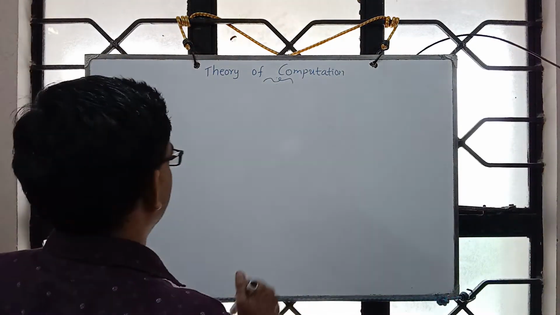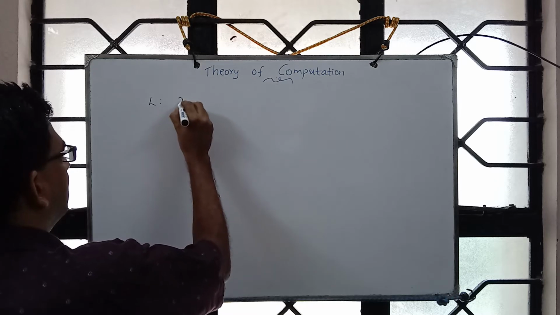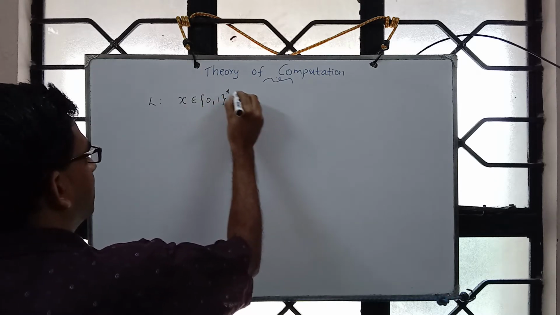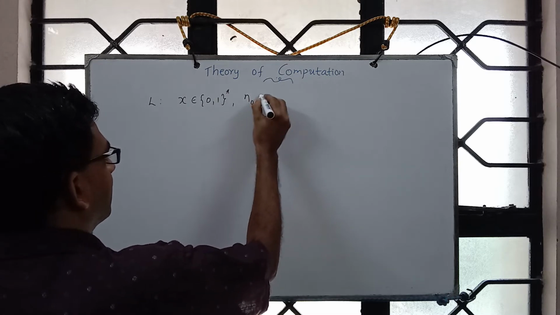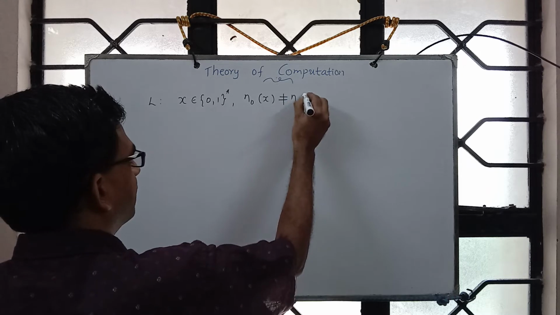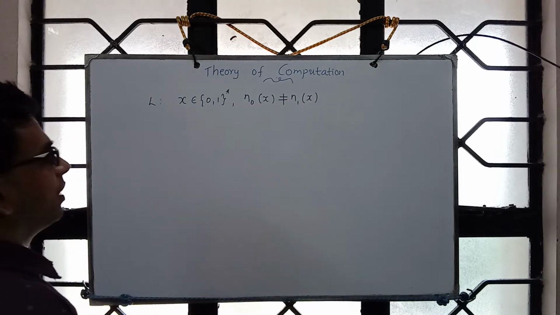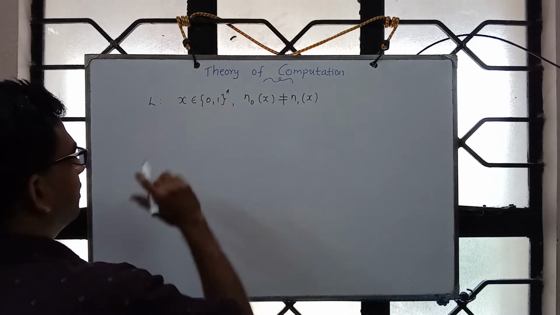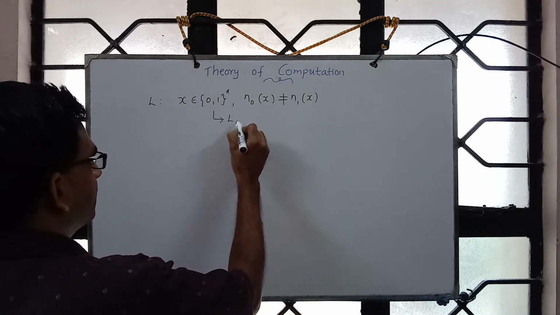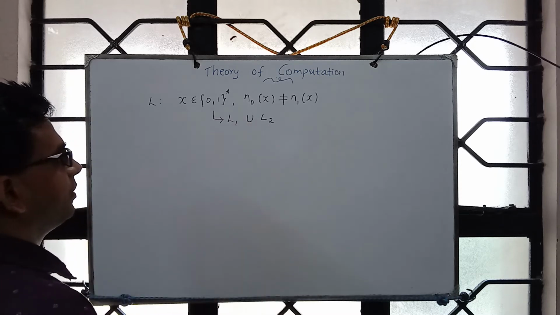Having seen the equality part, let's look at the related one: x over {0,1} star, such that the number of zeros in x is not the same as the number of ones in x. So this one, you can look at it this way. This is precisely the union of two languages, L1 union L2.